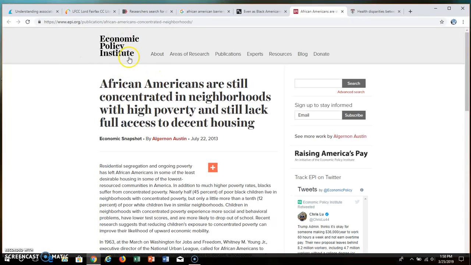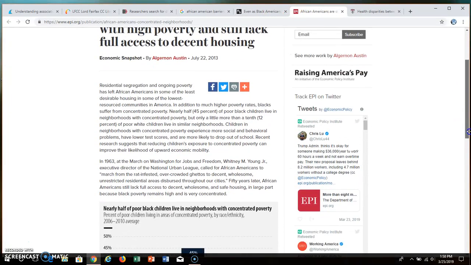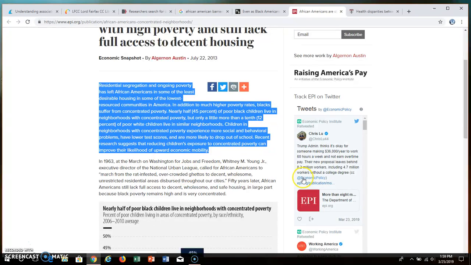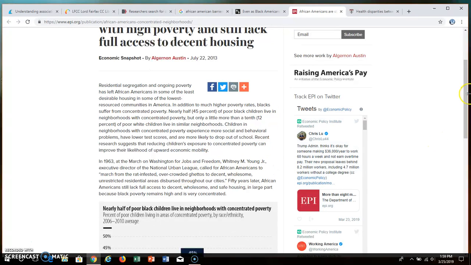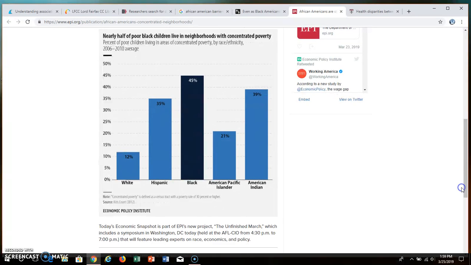So this is from the Economic Policy Institute, and that's where that article is getting some of their data from. And so when you're discussing lack of access to decent housing and the high poverty levels, you can include that in your research by thinking about how that affects health.